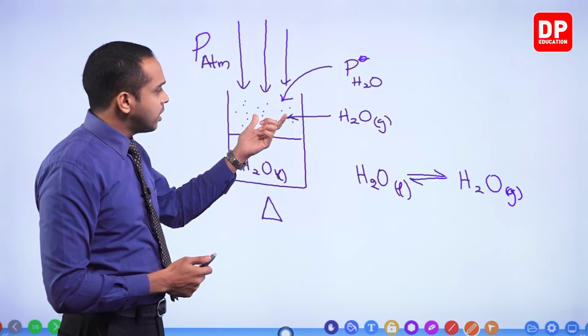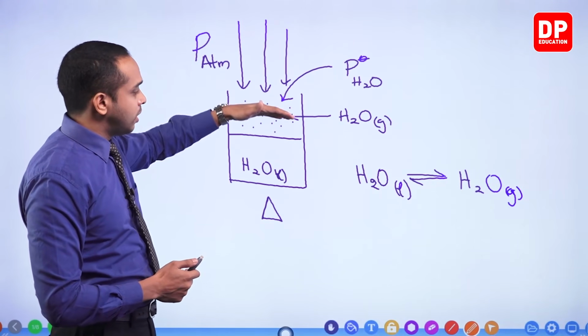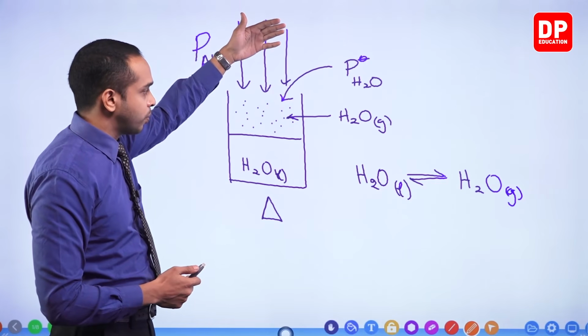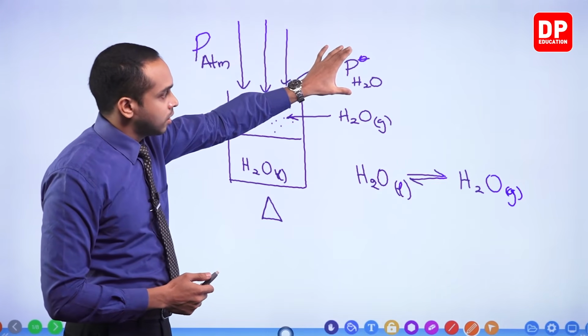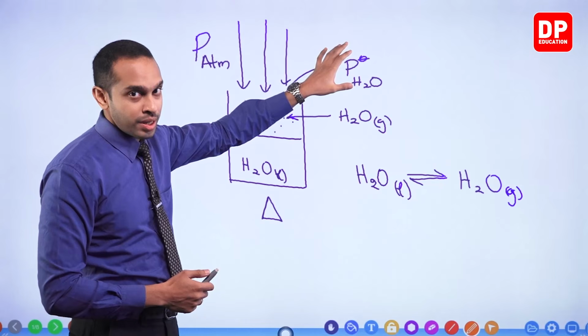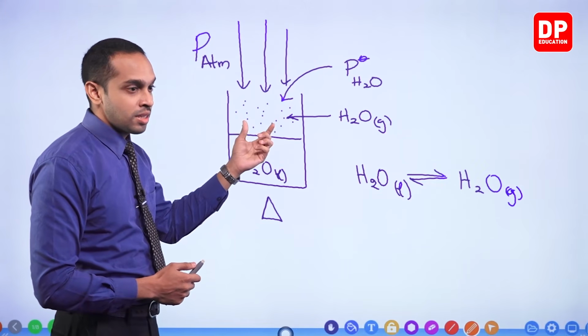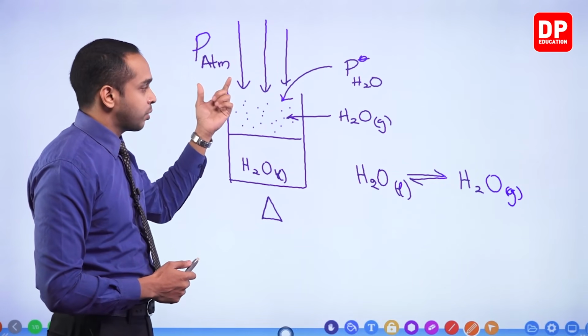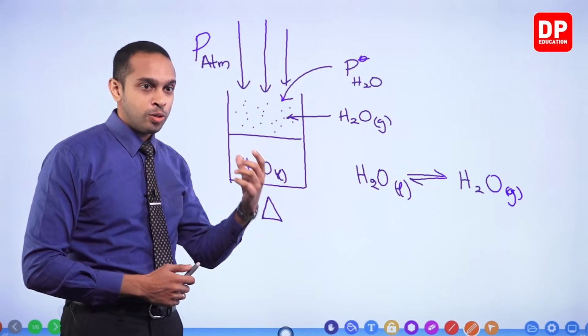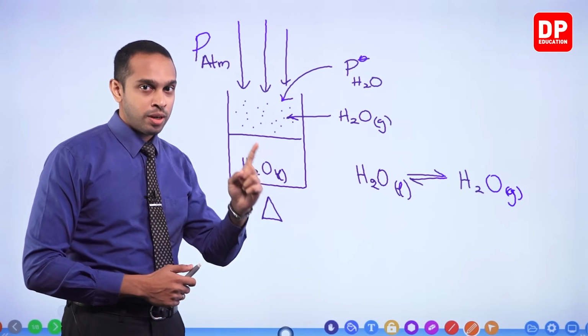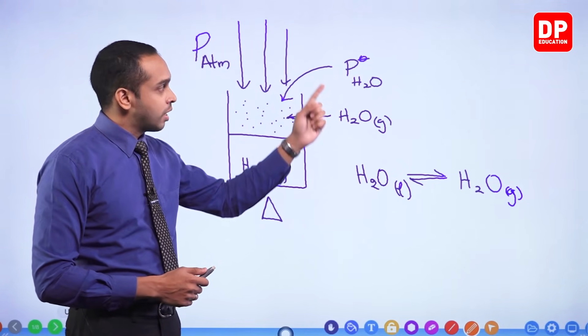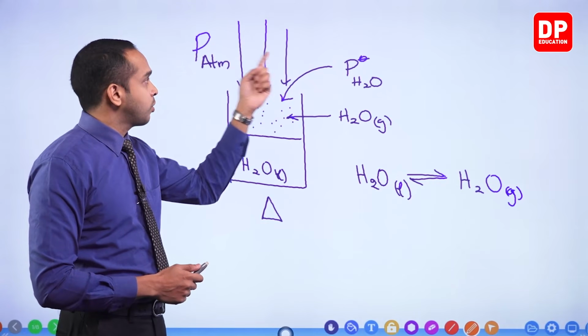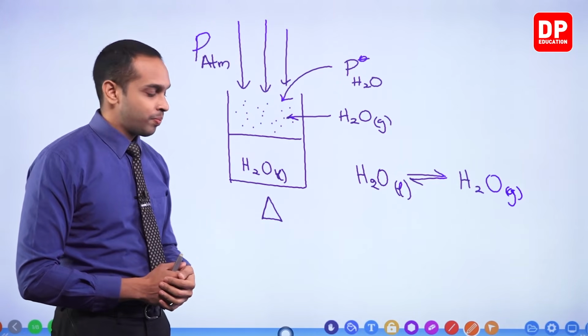Now over here, students, when you are leaving a system open to the atmospheric pressure, as soon as the saturated vapor pressure reaches the value of atmospheric pressure, then the liquid will start to boil. So the requirement for a liquid to boil is saturated vapor pressure being equal to atmospheric pressure.